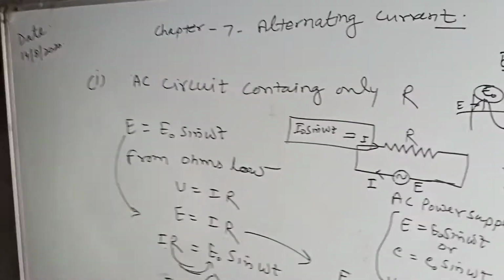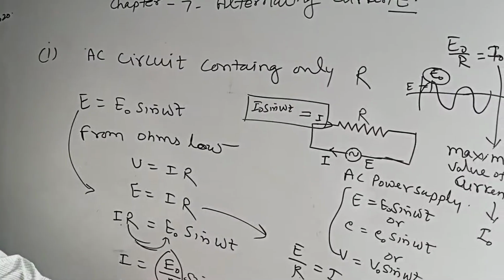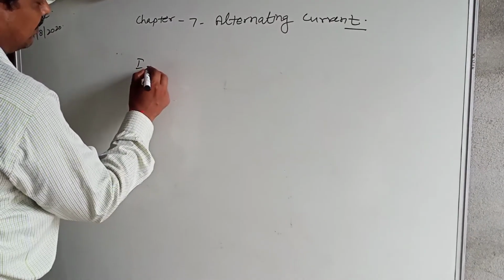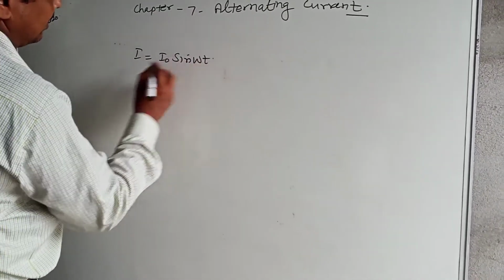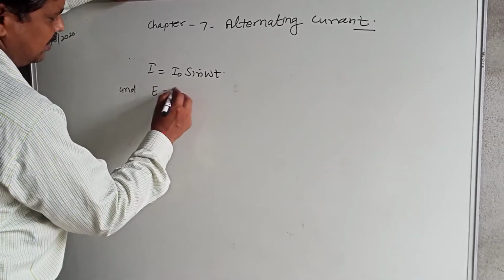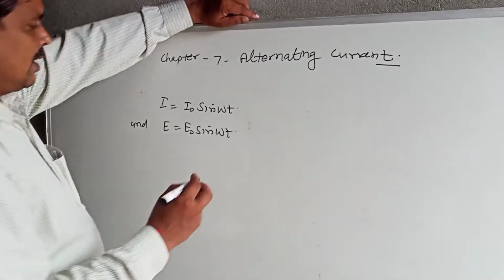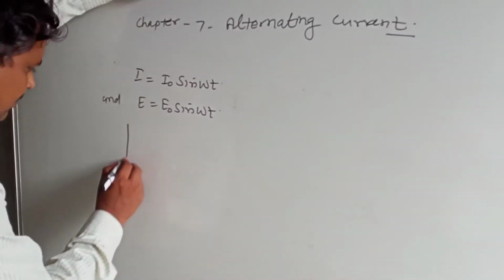Now from this discussion we have reached a single point: I equals I naught sin omega t and E equals E naught sin omega t, and this expression is represented like this.